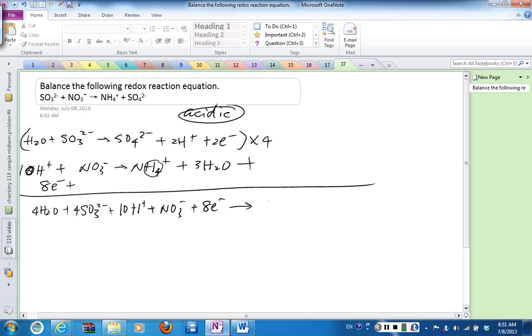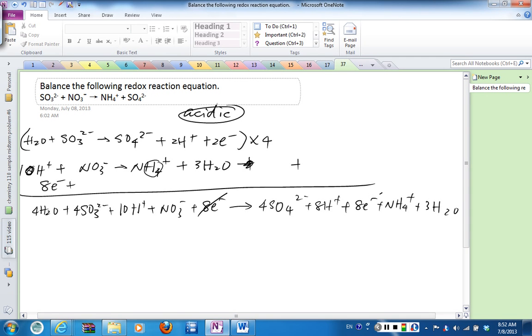And then right side, 4 SO4 2 negative, 8 electrons, ammonium, 3 water. Okay, so this really should be our balanced redox reaction, but we do have some common sense on both sides.